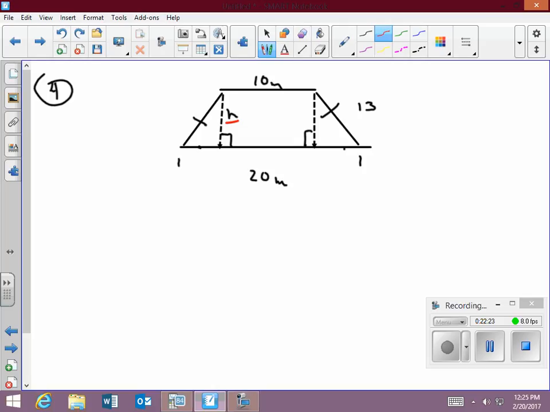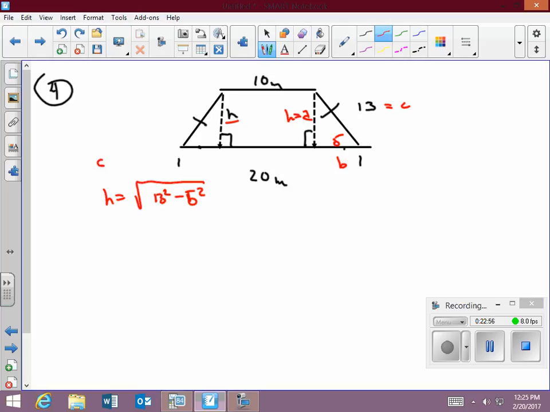Okay, so what you're going to do is call this one C, this one H is A, and then B is this length. And Toby said this was 5. So H then is going to equal the square root of C squared, 13 squared minus 5 squared.